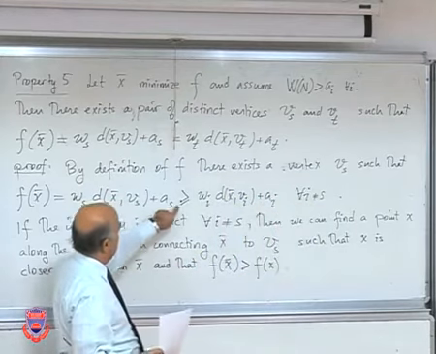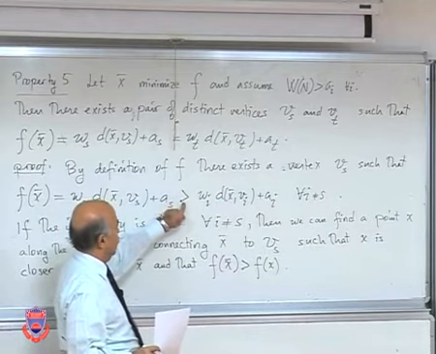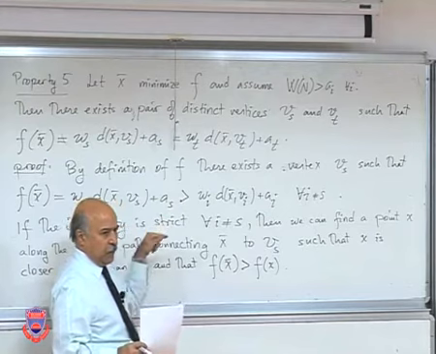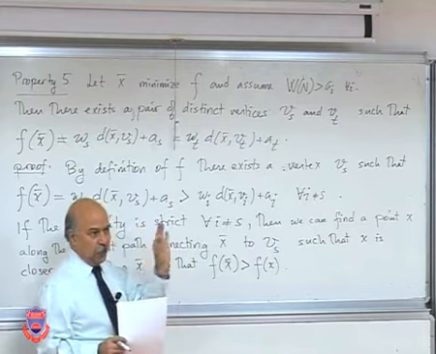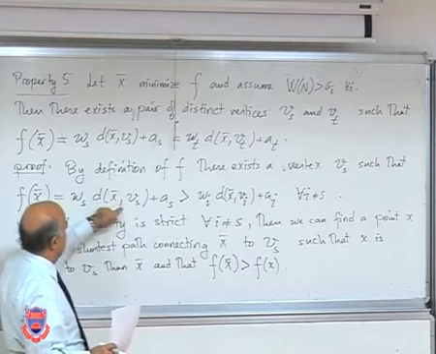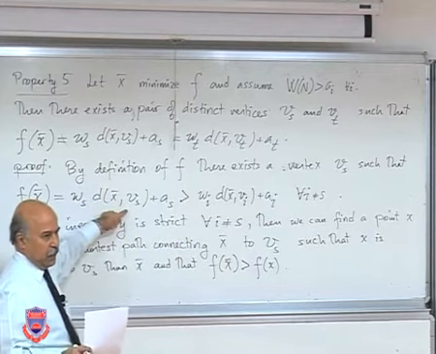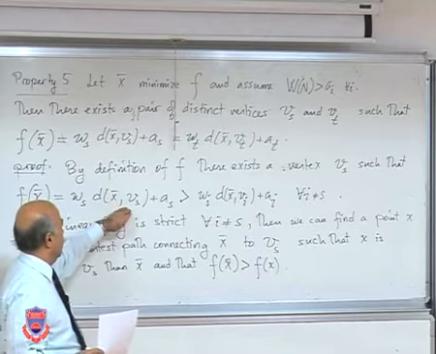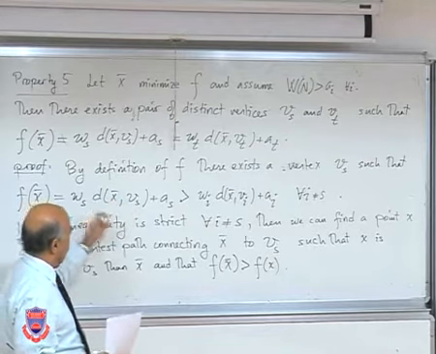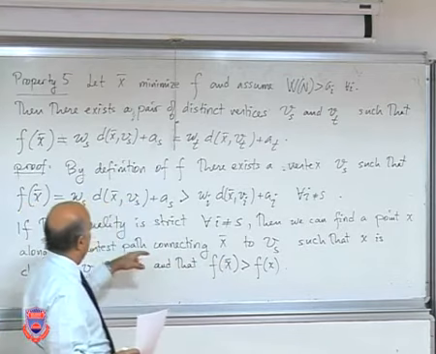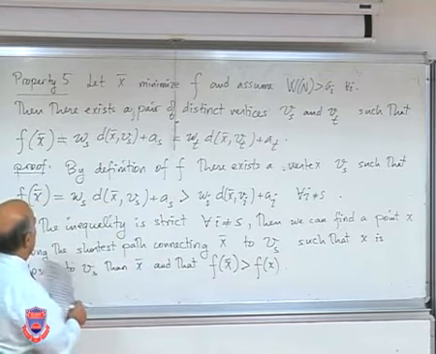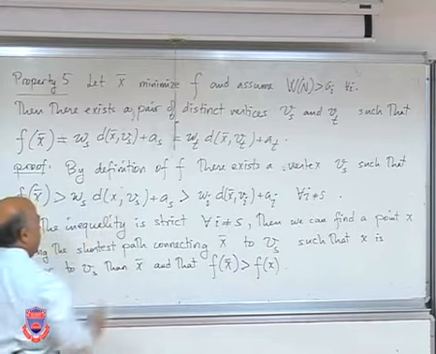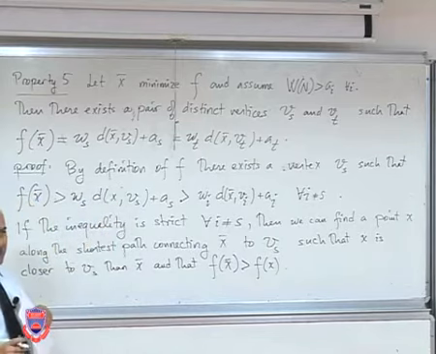Why? Because when everybody is inequality here, a slight movement from x bar towards Vs, just a small movement, will make this distance shorter, but it will not be too short. In other words, it will not get too small, so that f of x bar will be, in this case, greater than this weighted distance when x bar is replaced by x.